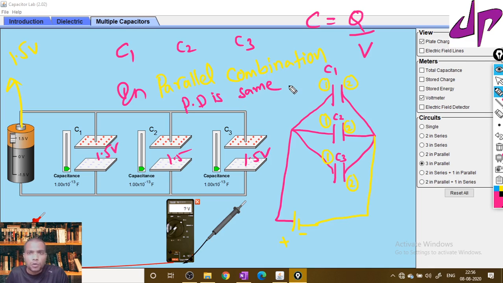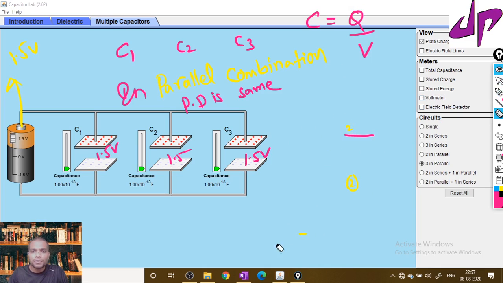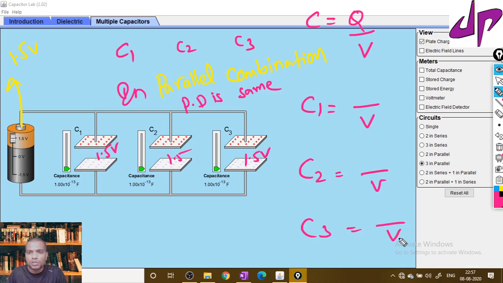Now, if the potential difference is the same in a parallel combination, what will change? If I write the capacitance formula for C1, C1 equals Q upon V, and the potential is always common for the parallel combination. For C3 also the potential is common, but there is a change in the capacitance.